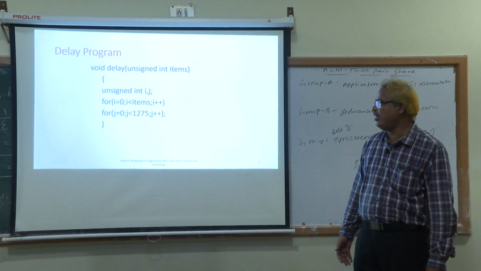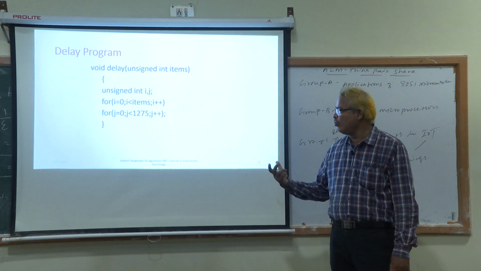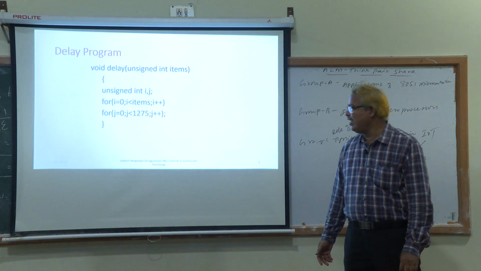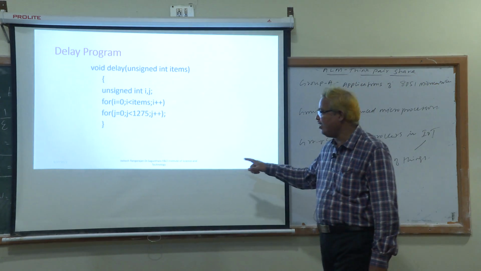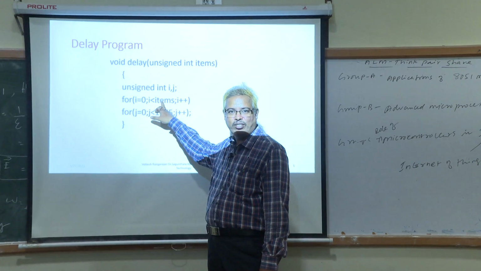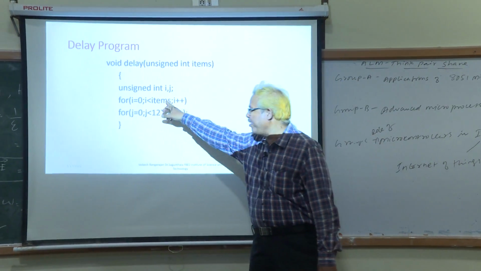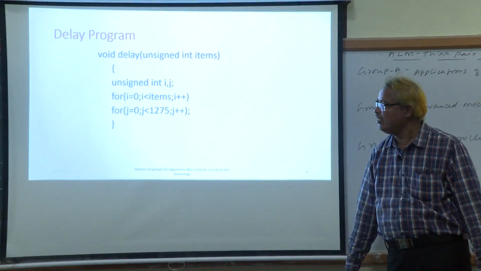For i equal to 0, i less than item, i plus plus. Now item will be 500. The second loop, for j equal to 0, j less than 1275, j plus plus, will create a 1 millisecond delay. Whatever value item is given, the loop executes that many times, so 500 means it will create a 500 millisecond delay.